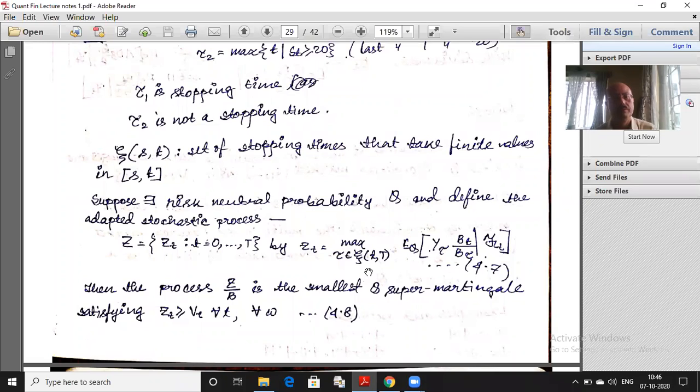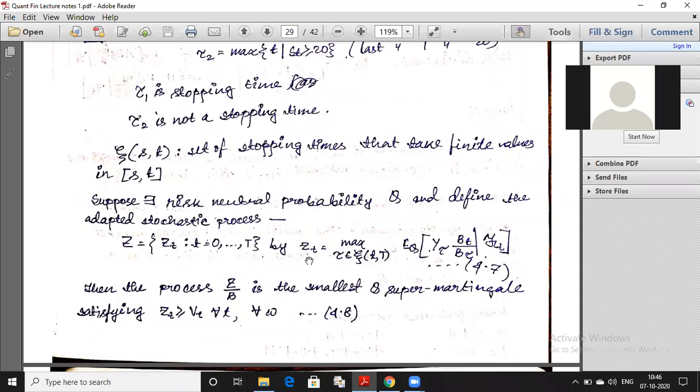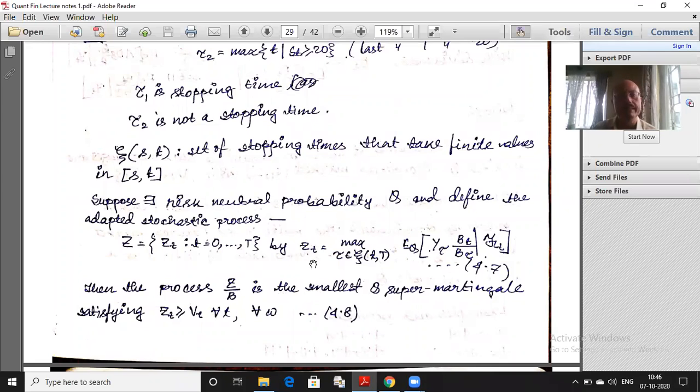Yes, sir. So now, instead of looking at the undiscounted Z, I look at the discounted process Z by B, because discounted processes are easier to handle because they are all aligned with the same time point at time 0. So I say that the process Z by B is the smallest Q super martingale.